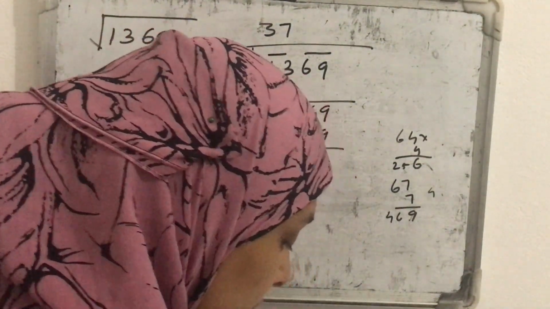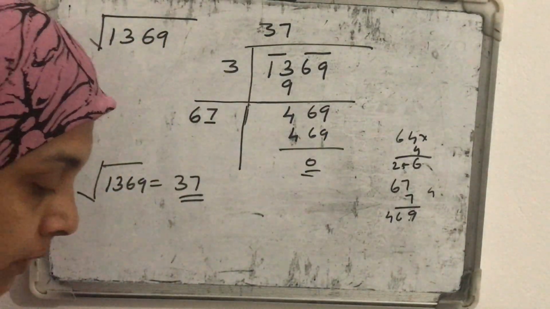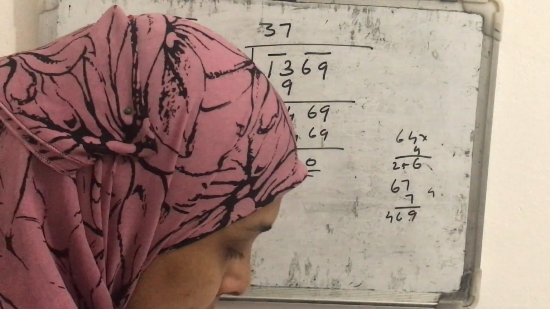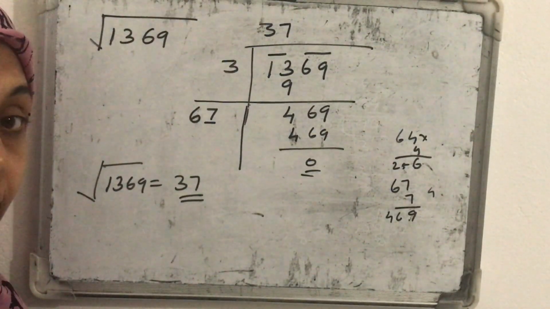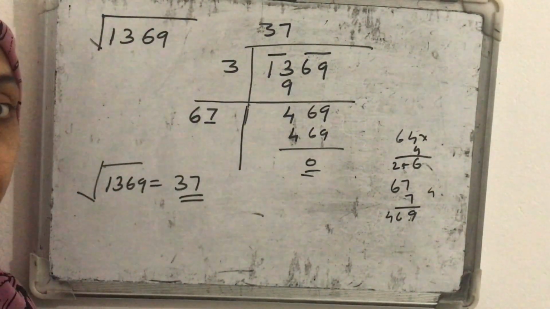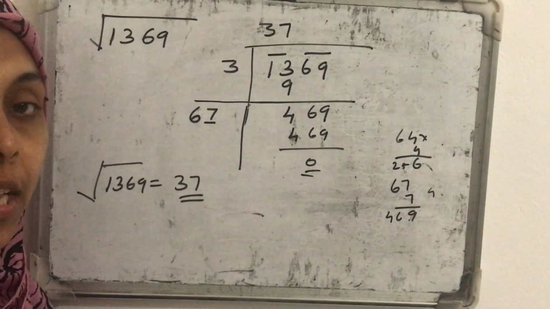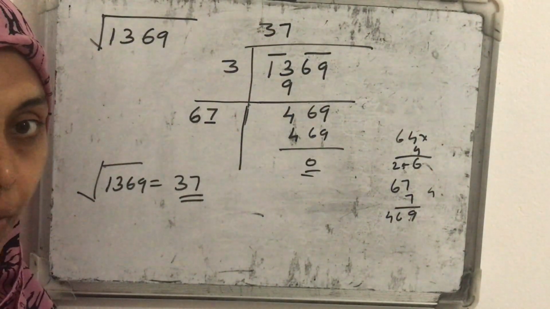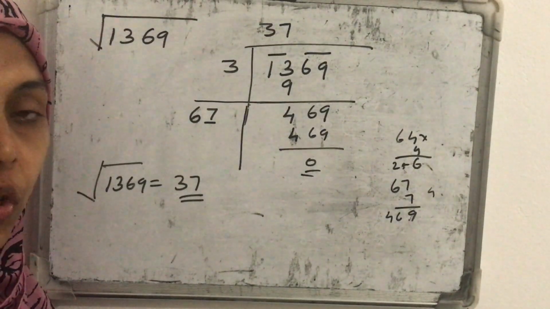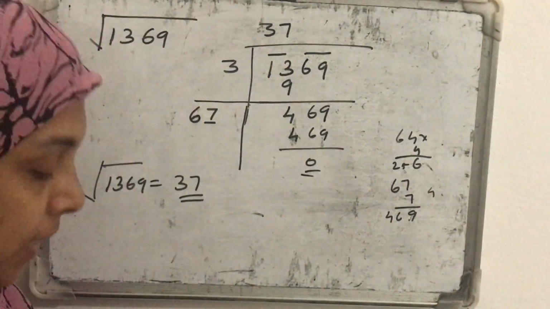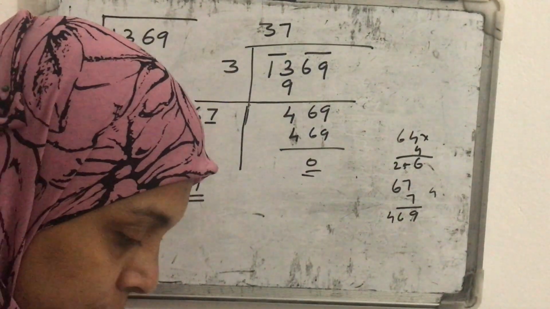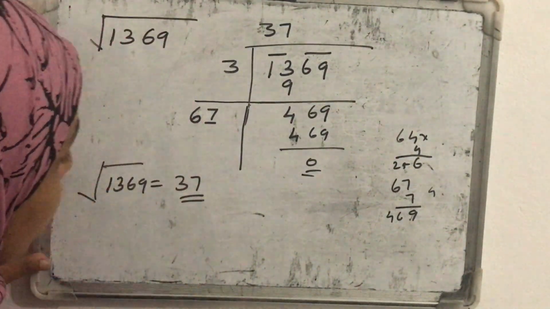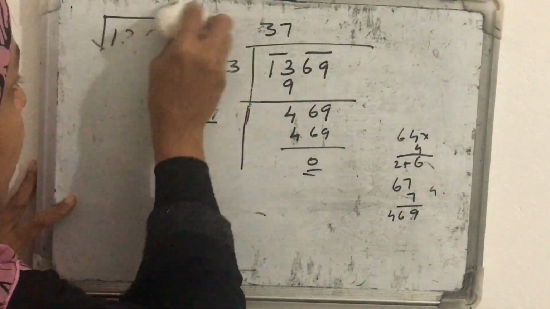This one type of question we already discussed in the prime factorization method: find the least number which must be multiplied or divided to get a perfect square. Now, take the textbook, page number 105.